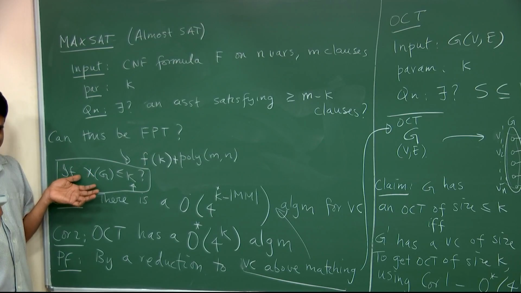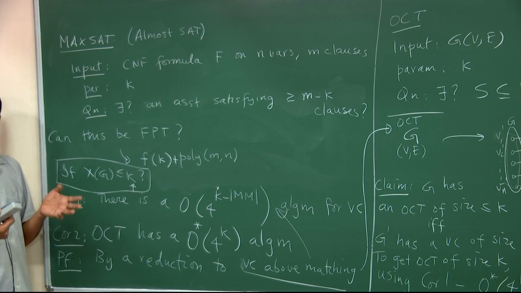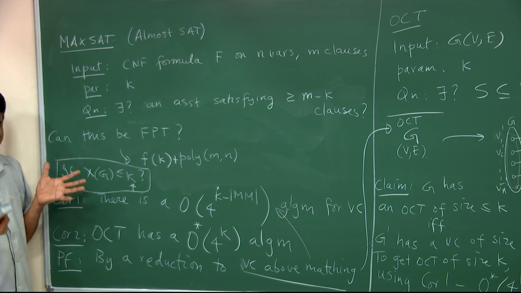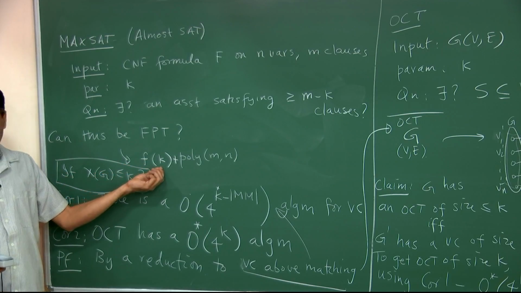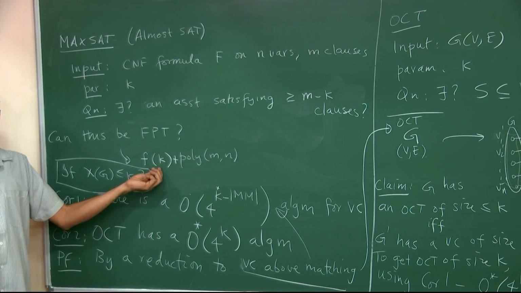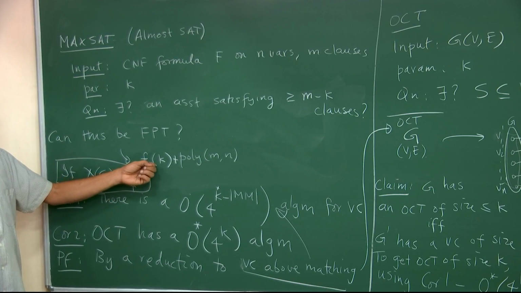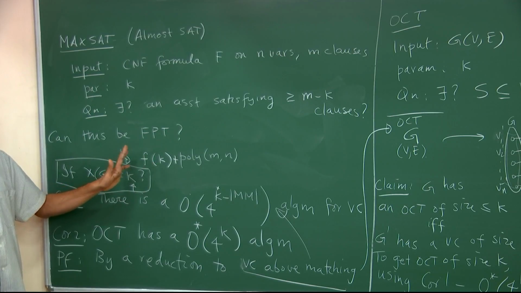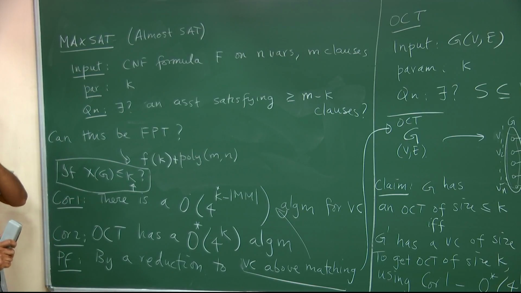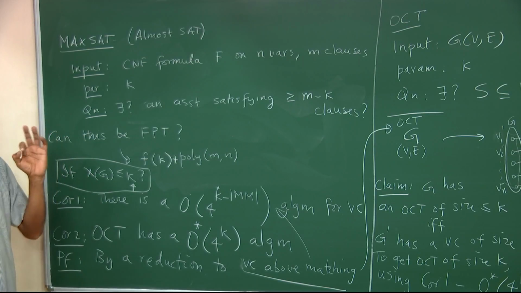But for k equal to 3, testing whether a graph is 3 colorable is an NP complete problem, right? So whenever, for some constant k, the problem happens to be NP complete, you don't expect an FPT algorithm. Even for constant k, the problem is NP complete, so with that parameterization, you don't expect an FPT algorithm. For 3 coloring, just 3 alone is NP complete.